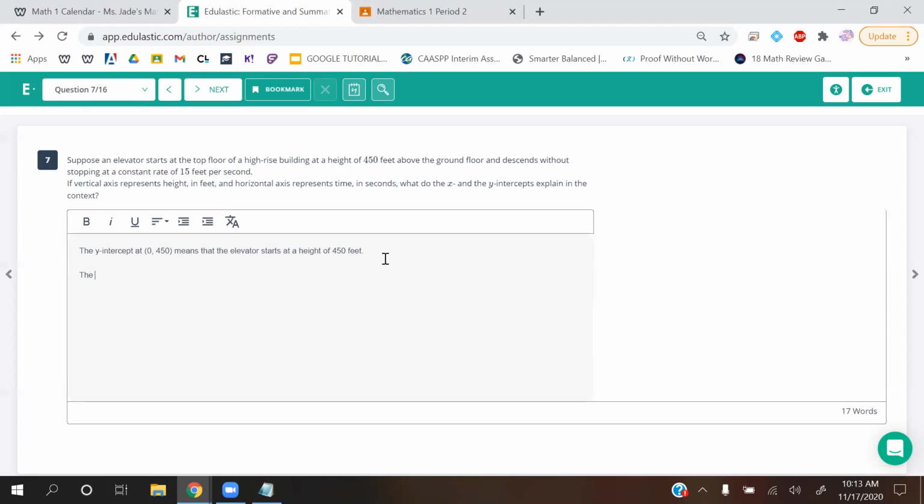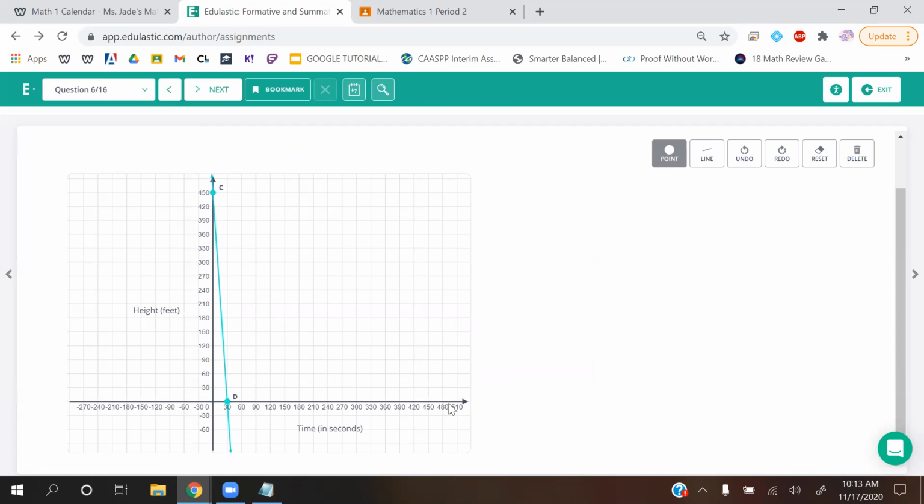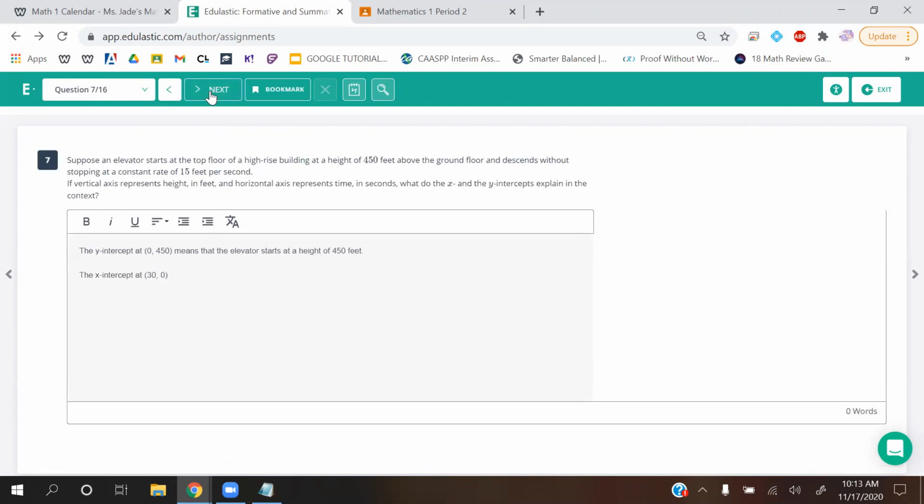Now let's take a look at the x-intercept. The x-intercept was at 30, 0. Let me just show you again in the picture. The x-intercept was over here where it touches the x-axis at 30, 0. So the x-intercept at 30, 0 means that the elevator reaches a height of 0 feet after 30 seconds.